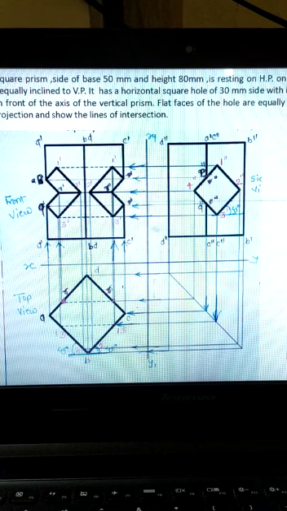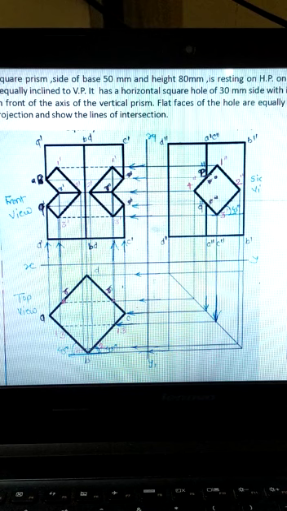Later, you have to draw the intersecting object. This intersecting object again has a 30 mm side, and the axis of this hole is perpendicular to HP and VP. When the axis of the hole or any object is perpendicular to VP and HP, its true shape will appear in the side view.